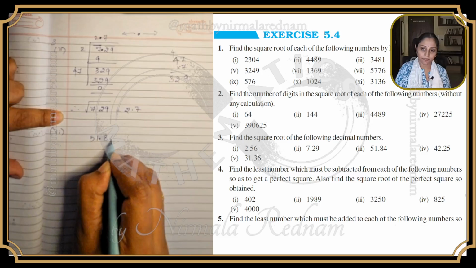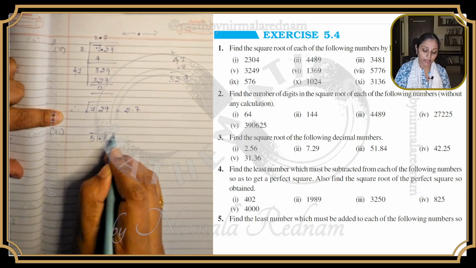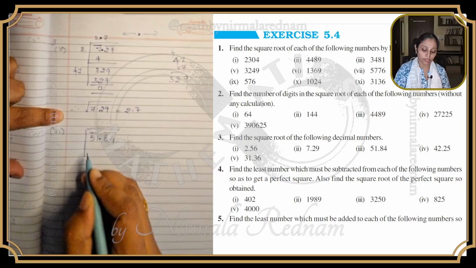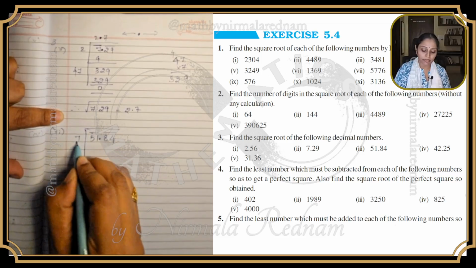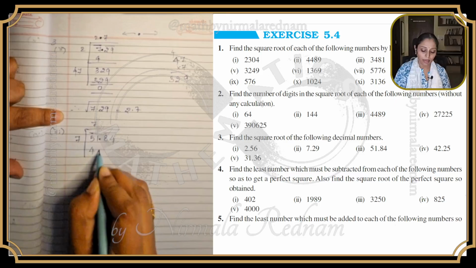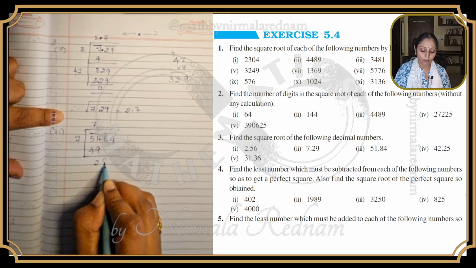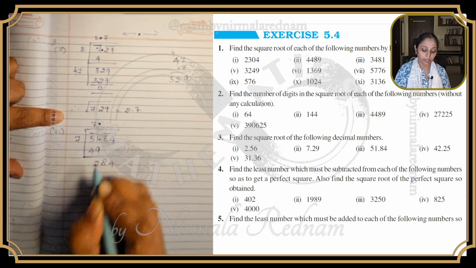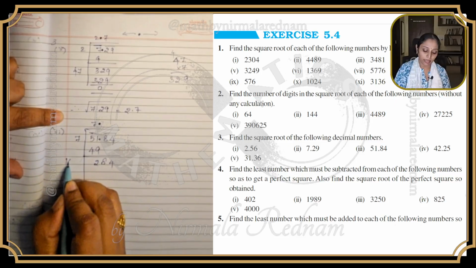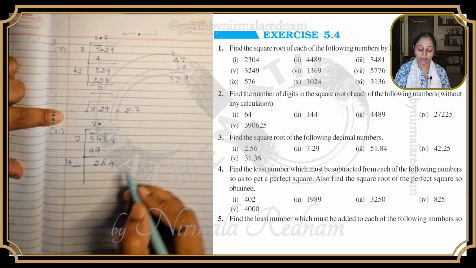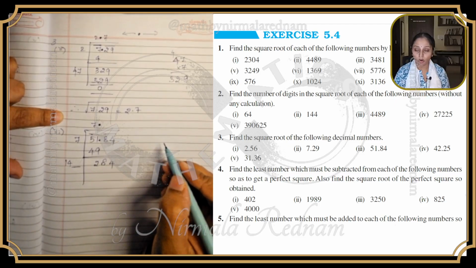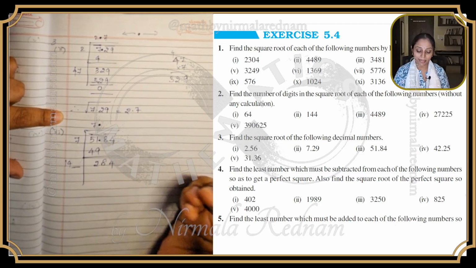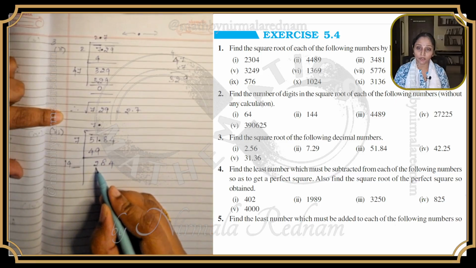51.84. Okay, put the bars. 51 closest is 49, which is 7 square. Okay, and when I subtract, I get a 2. Bring down the bar after putting a decimal here. And 14, I have to figure out this. I have a 4, that means it's either a 2 or a 8. Okay, 8 is too big because I have something in 200s.